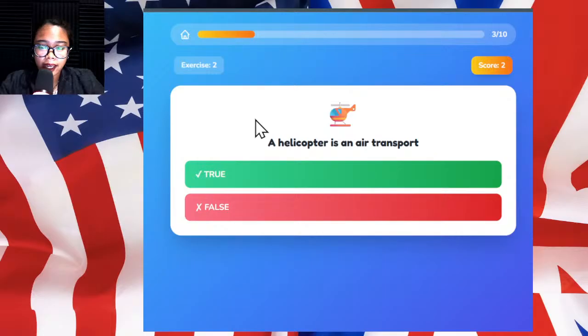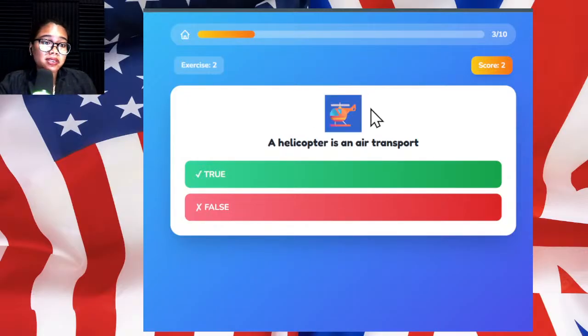Okay, again, we go back to the statement. A helicopter is an air transport vehicle. Now, how do we define helicopter? Remember, a helicopter, just like in the picture, is a unique and very different type of vehicle because in comparison to other vehicles in the same category, it does not have long, flat, fixed wings.